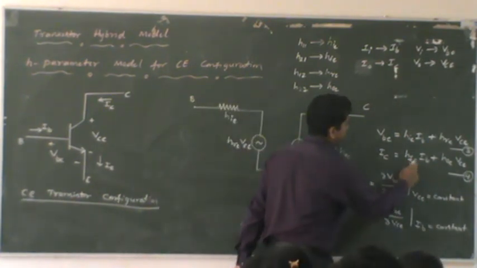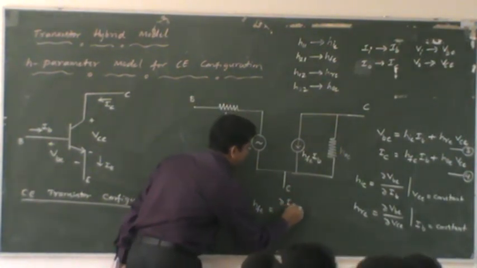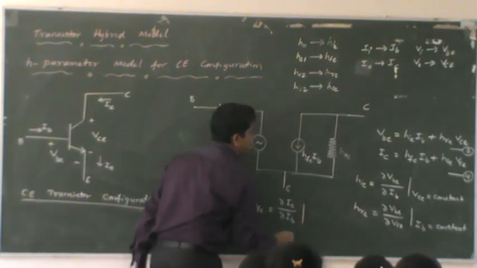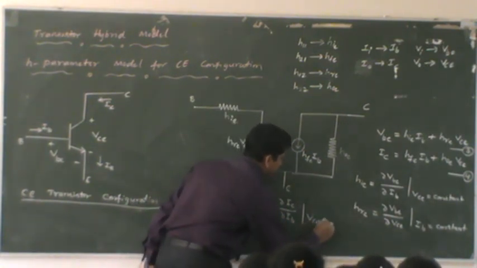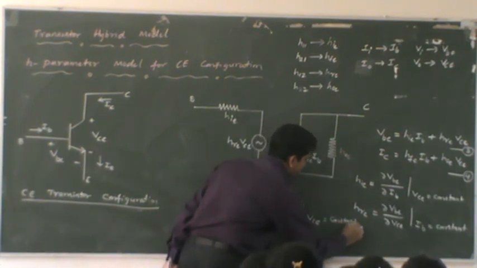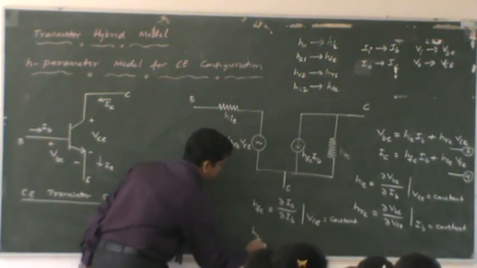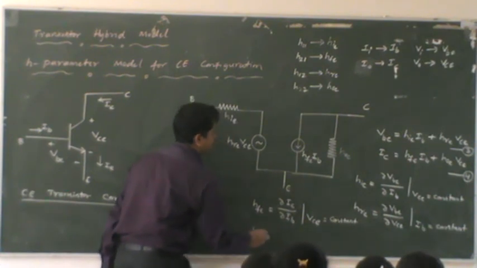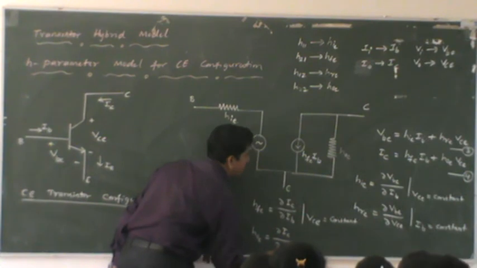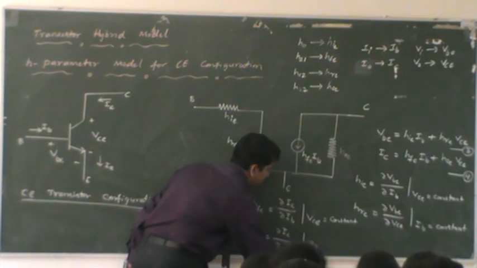To define HFE, make VC 0, which becomes dou IC divided by dou IB for a constant VCE. And lastly, we have HOE, which is dou IC divided by dou VCE for a constant IB.